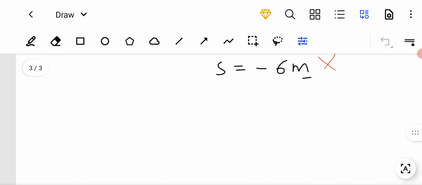The approach we're supposed to use is one like this. So we were supposed to say S1, which is the first distance, is equal to, first of all, before I even say this, let us first say V is equal to 0. When is V equal to 0?